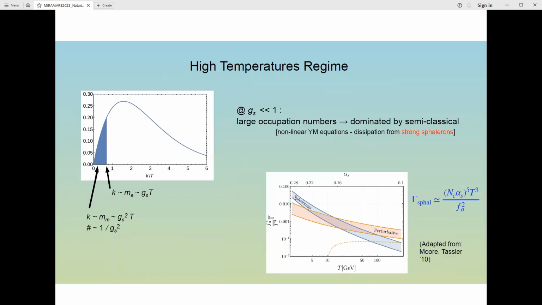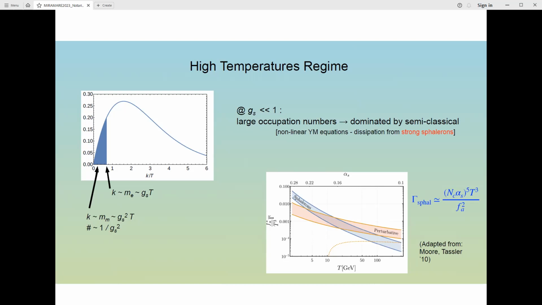All right, so let me also mention, last slide, that we estimated the effect of the so-called sphalerons, which have been studied for zero momentum axions, so for homogeneous configurations. They are semi-classical effects, with dissipation effects. So you can infer a dissipation rate from the sphaleron rate.